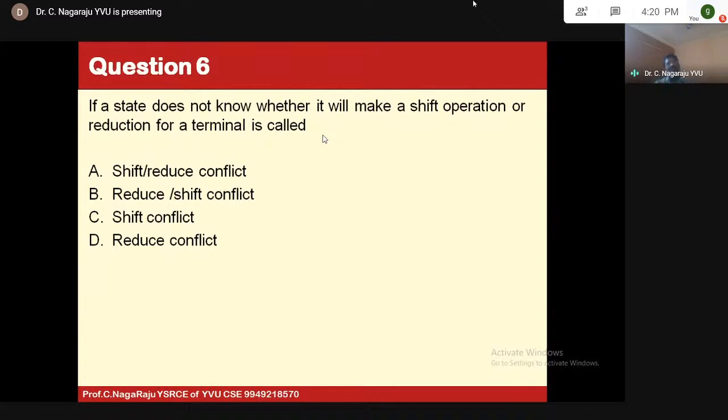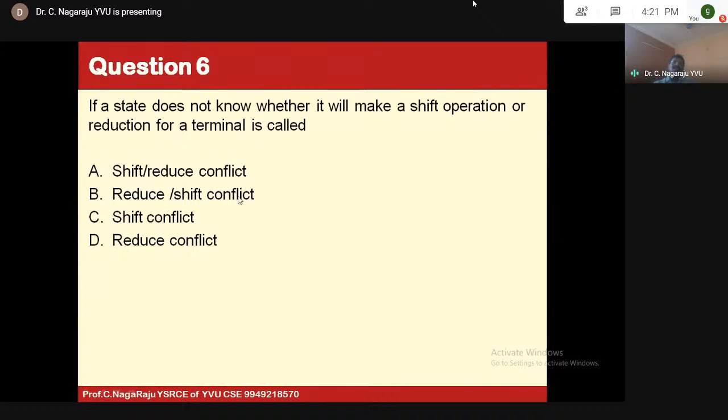Suppose one action is shifting and another is reduction, and sometimes the parser is confused about whether to take the reduction or the shifting operation. What kind of error does it display? Generally we call it a shift-reduce conflict, not reduce-shift, but shift to reduce conflict.